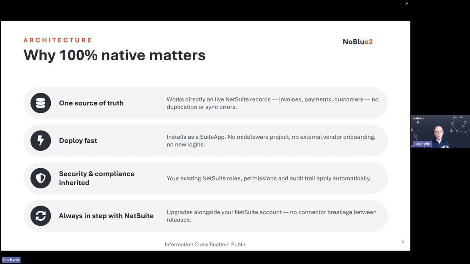One source of truth is your NetSuite instance, but it also helps us in terms of rapidity to deploy, security and compliance. TaskCollect is completely bound by the rules and roles and permissions per your NetSuite users as it stands. And of course, we are always keeping pace with NetSuite's own release cycles in terms of the capability and compatibility of the product. And of course, no expensive integrations to maintain.